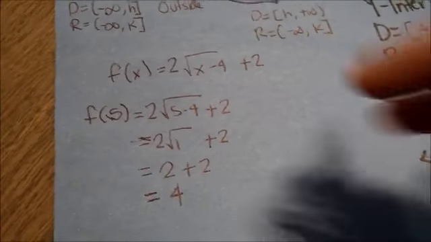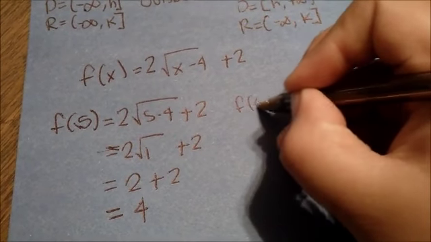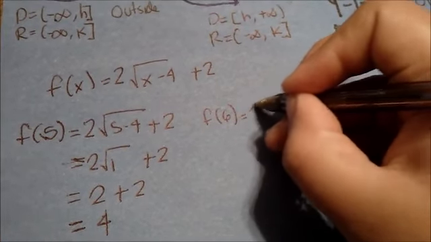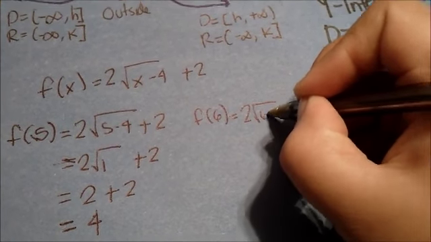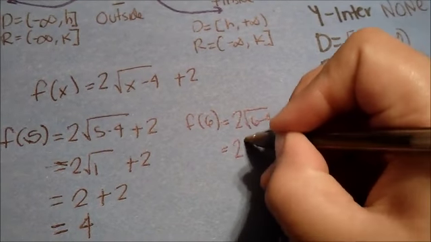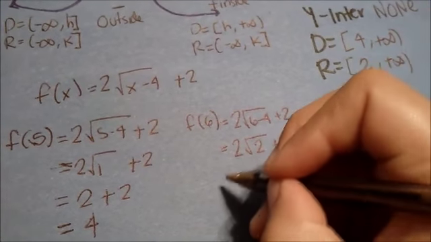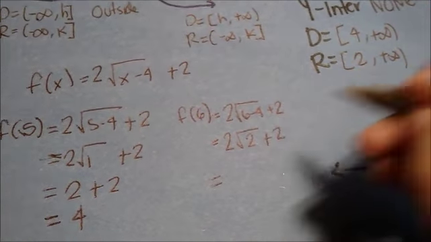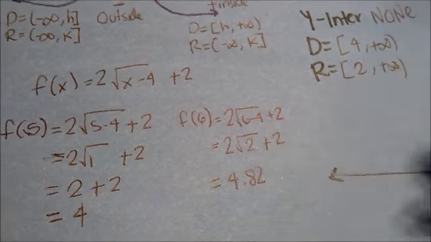Now for the next one, you may find f of 6. It's going to be 2 radical of 6 minus 4 plus 2. And 6 minus 4 is 2, so 2 radical of 2 plus 2 is 4.82.